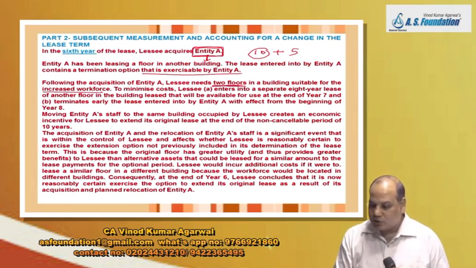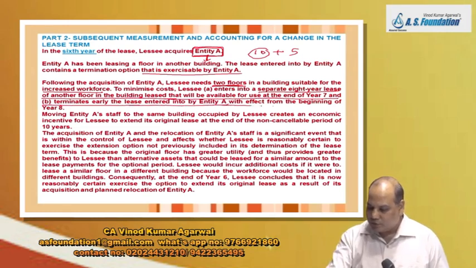To minimize the cost, the lessee, point A, enters into a separate 8-year lease of another floor in the building leased that will be available for use at the end of year 7, and B, terminates early the lease entered into by entity A with effect from the beginning of year 8.